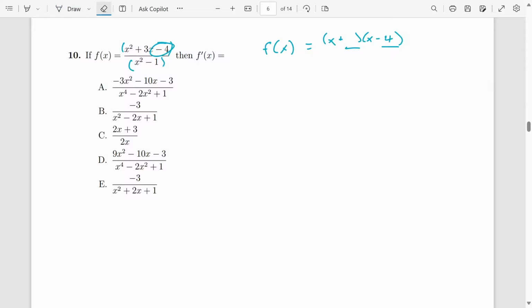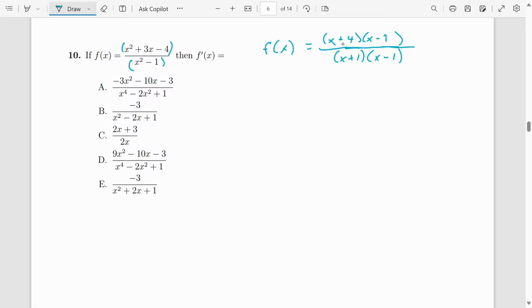It's supposed to be plus 4 minus 1. So 4 times negative 1 is still negative 4, and 4 minus 1 is positive 3. So that's how that gets factored. And then the denominator is a difference of squares. So this is going to become x plus 1 times x minus 1.